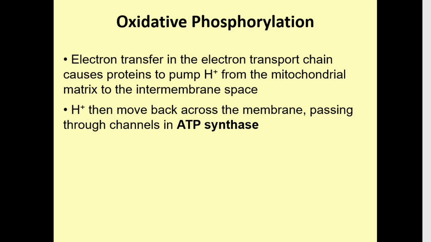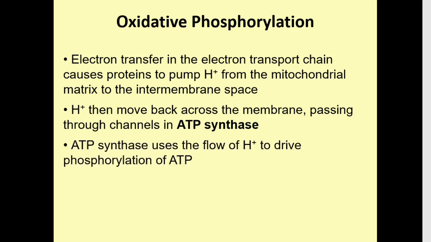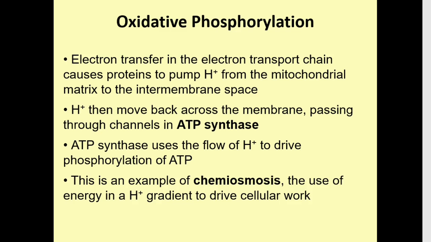So this is a form of facilitated diffusion. ATP synthase uses the flow of hydrogen ions to drive the phosphorylation of ATP. Remember, that phosphorylation just means taking that third phosphate and sticking it onto ADP to make ATP. So you might see this referred to as chemiosmosis.